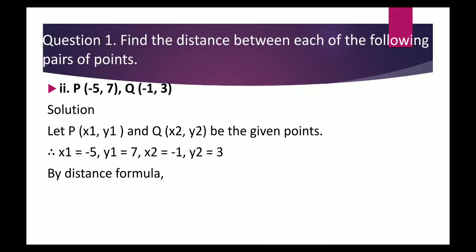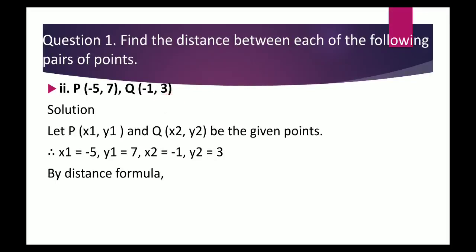Let P be x1 y1 and Q be x2 y2 be the given points. Now x1 value is minus 5, y1 value is 7, x2 value is minus 1, y2 value is 3.